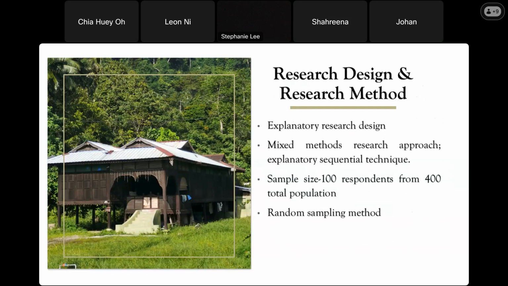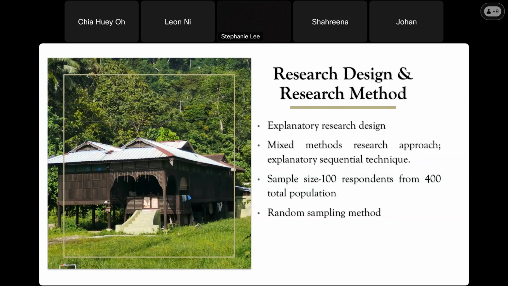For this study, it utilizes an explanatory research design to explore mediating factors between community participation and the participation in rural tourism. We employed a mixed method approach, specifically the explanatory sequential technique, to aim for a more comprehensive understanding.